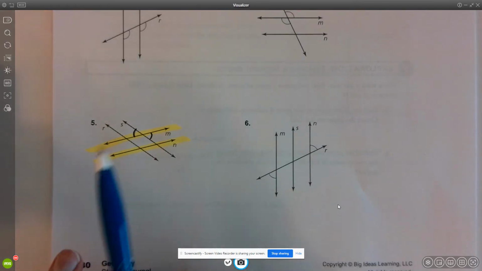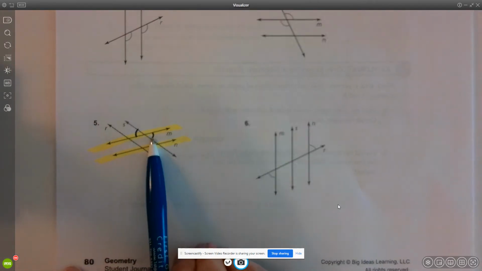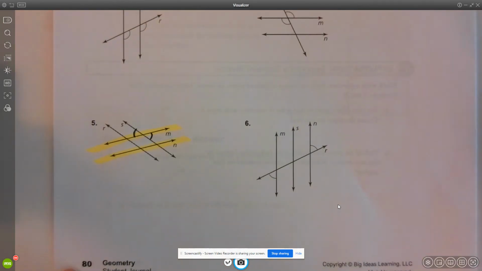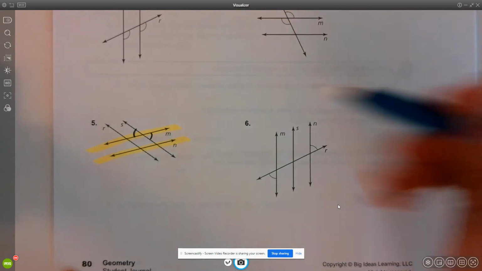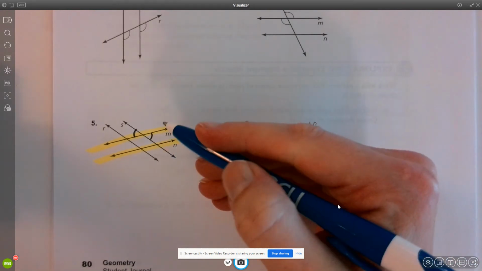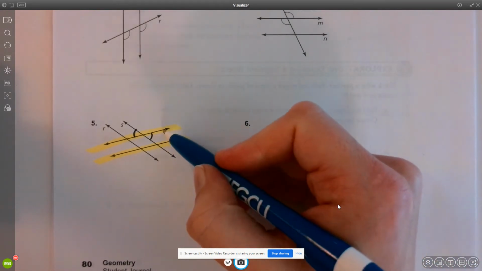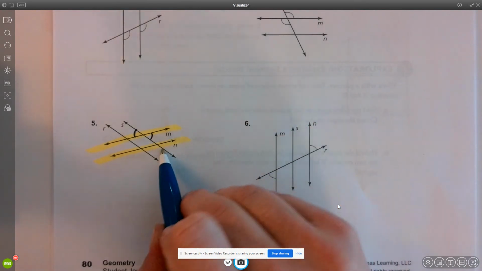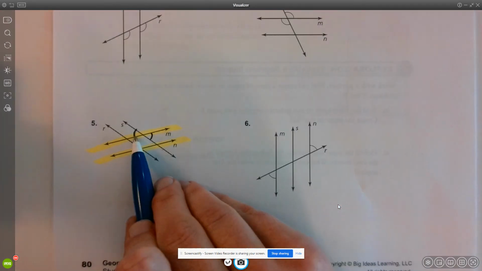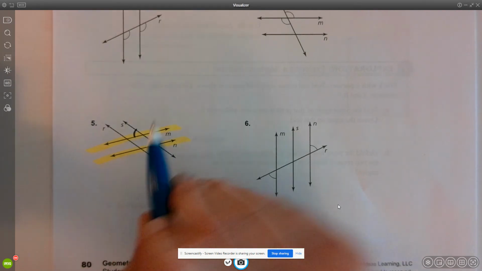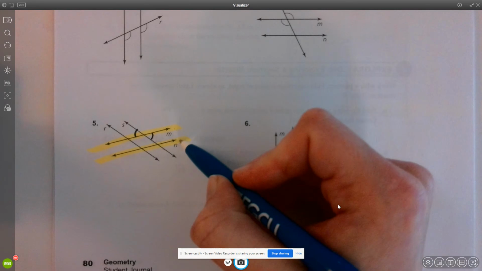However, notice how neither of these angles are on line N. And so I'm not able to use my corresponding angles converse, my alternate interior angles converse, my alternate exterior angles converse, or my CIA converse, because I know nothing about any of the angles down here on line N. So knowing these two angles alone are congruent does not help me determine if M and N are parallel.